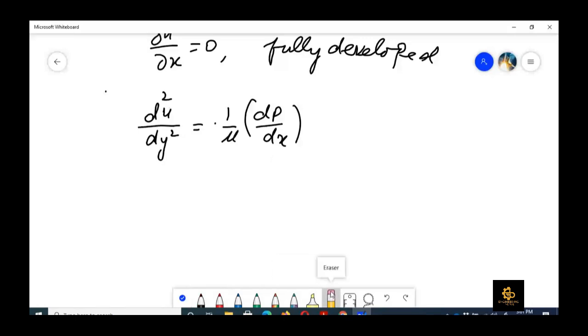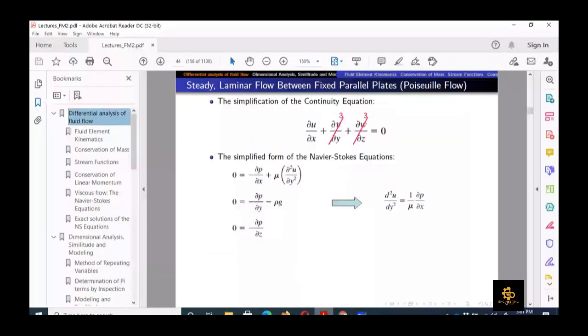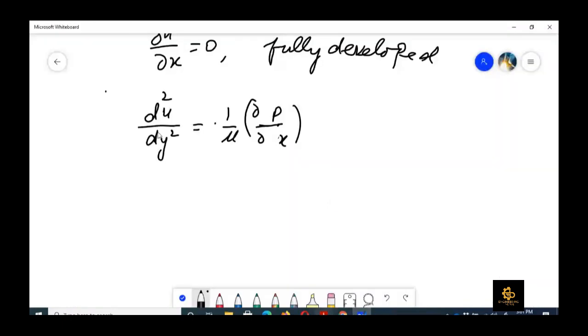But for consistency's sake, we can write it as partial p by partial x for the time being. So it is the same equation. Now, if we want to get the value of u from here, what do we need to do? I think you know that once we have got a differential, we need to integrate it.